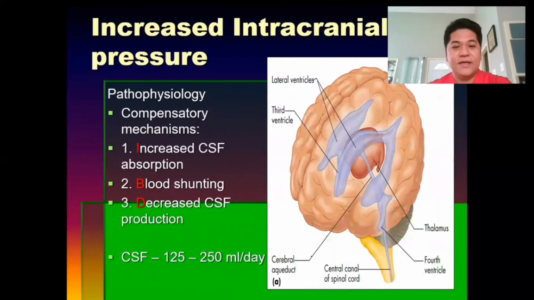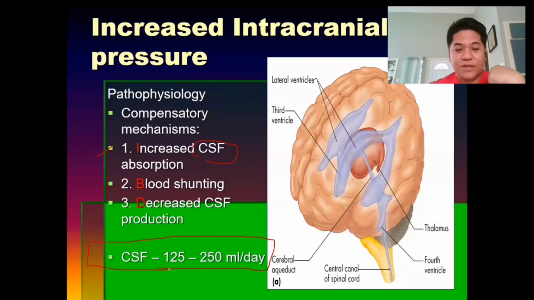Moving on. Now, for the normal compensatory mechanism for your ICP, this would happen without any injury, okay? Now, if there is increased CSF production, which normally is 125 to 150 ml per day, so if there is overproduction of that, it will be reabsorbed and utilized by the brain, okay?